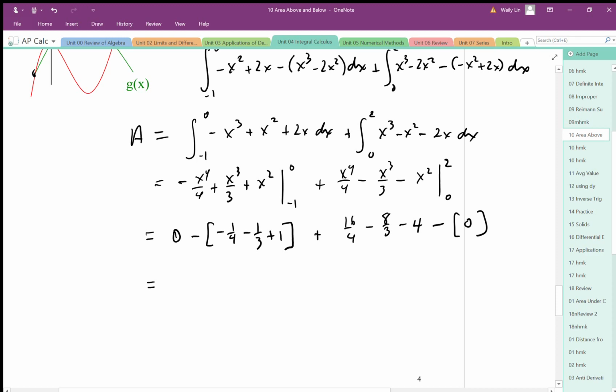So this works out to be, I'm going to use my calculator here because I have lots of fractions in here, and I don't want to spend all my time calculating this. So negative 1/4 minus 1/3 plus 1. Okay, so I end up with negative 5/12 plus 4 minus 1/3.